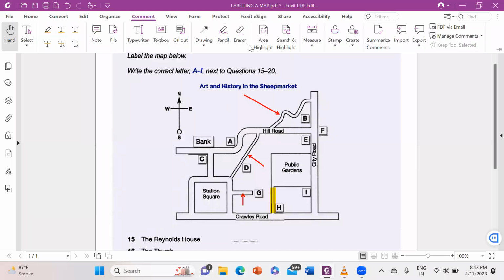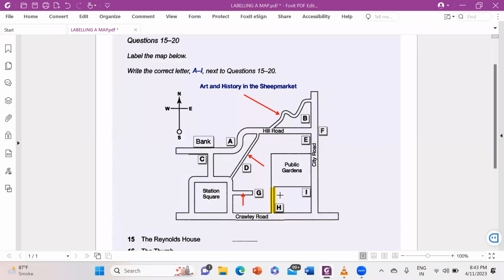So guys, my question to you is, what is this called in English? What is that small lane type called in English? By lane? No. Pathway? Okay. All right. Crawley road, cross street, pavement, gully. Okay. All right.